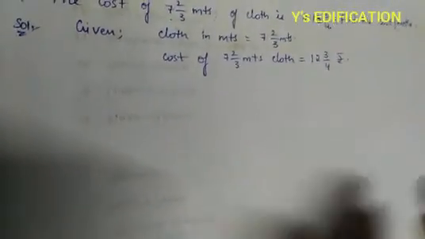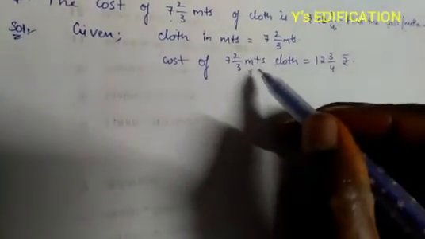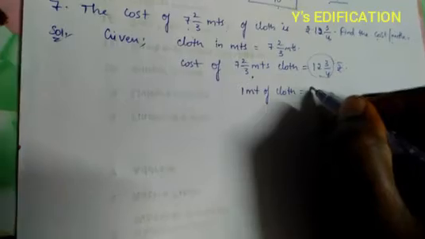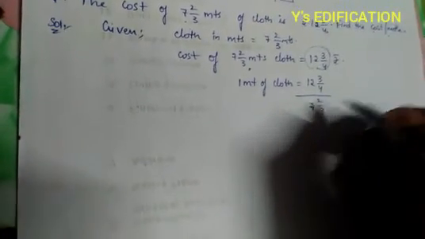We want to find the cost of 1 meter of cloth. So what do we have to do? We have to divide this money by this length of the cloth. So first I am going to convert this mixed fraction into a rational number. Means 1 meter of cloth is equal to 12 3 by 4 divided by 7 2 by 3.